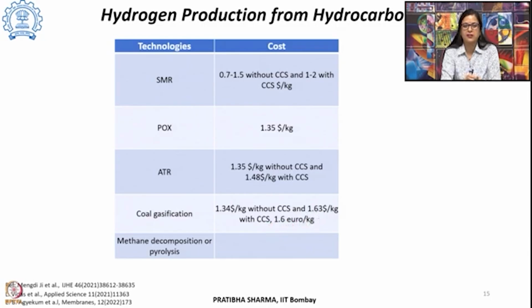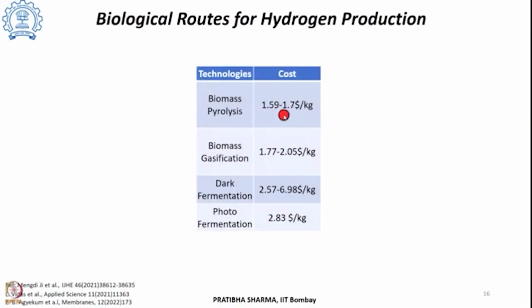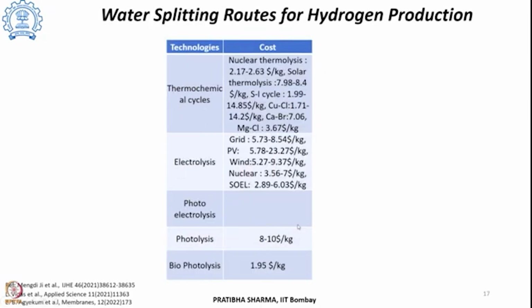Methane decomposition still has not been commercialized. With biomass pyrolysis the cost lies in the range of $1.59 to $1.7 per kg. With biomass gasification $1.77 to $2.05 per kg. Dark fermentation $2.57 to $6.9 per kg. Photo fermentation $2.83 per kg.